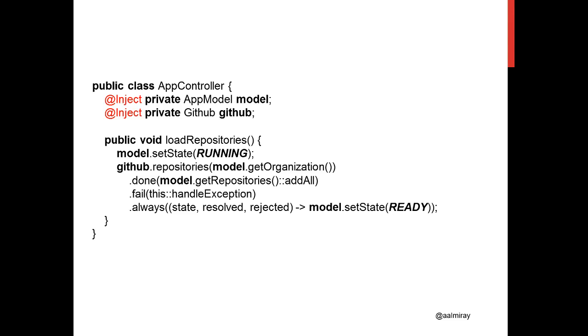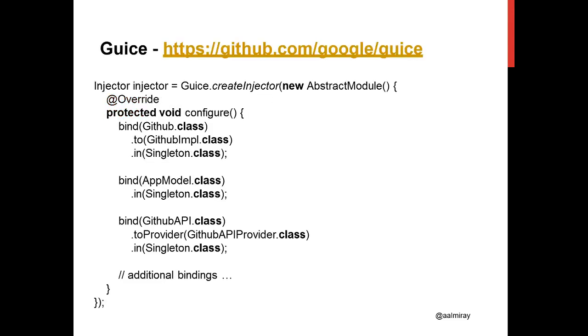I expect most of you to be already familiar. But in case you haven't seen this before, Google Guice is the reference implementation of JSR 330. This is the standard that defines how dependency injection should be done in the Java SE platform. If you're using Java EE, you might have encountered CDI, which is the standard for how to do dependency injection in the enterprise platform.